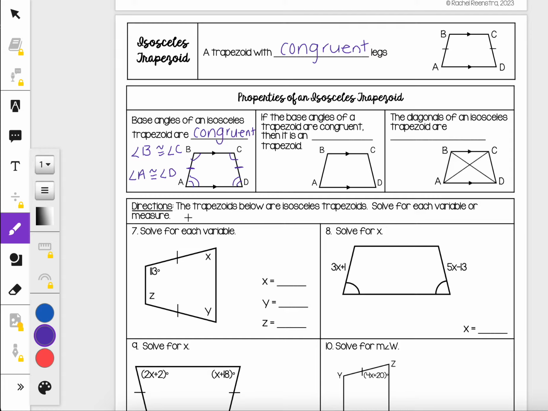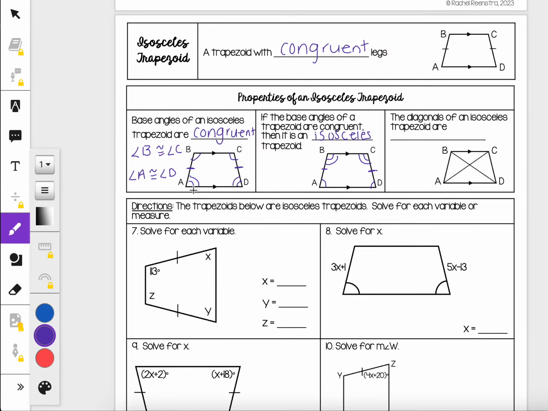Now, the converse of that is if we have a trapezoid and we know that the base angles are congruent. So if I know that angle A is congruent to angle D, and I know that angle B is congruent to angle C, then I know that it is an isosceles trapezoid. Okay, so even though these two seem the same, it's really the information that we're starting with and concluding that is different.